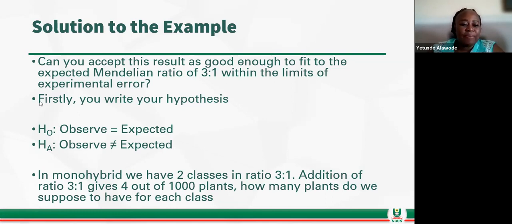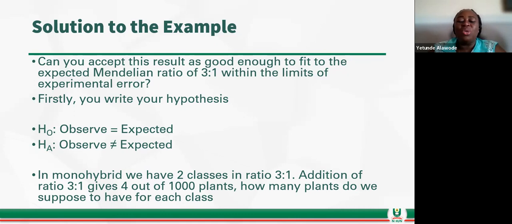And in this case, the null hypothesis is that the observed value is equal to the expected value. As a scientist, either your experiment is positive or negative. If you have a negative result, that doesn't mean that your experiment is bad. You have to report it that way. In some cases, that is even what people are looking for.